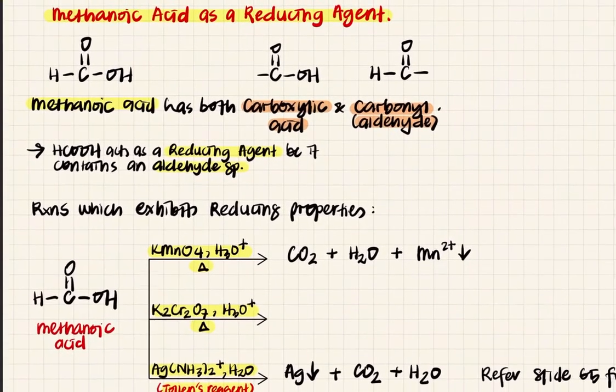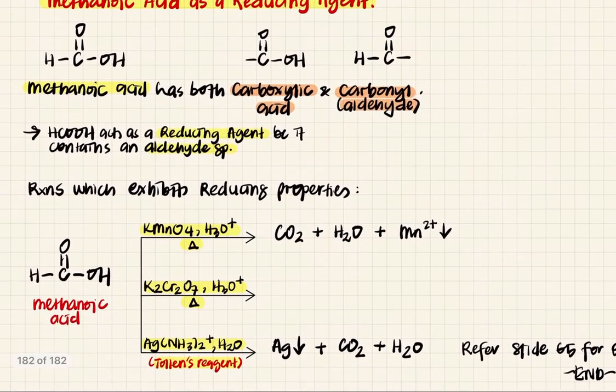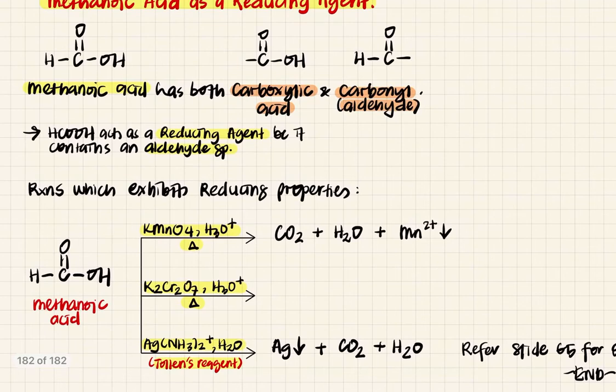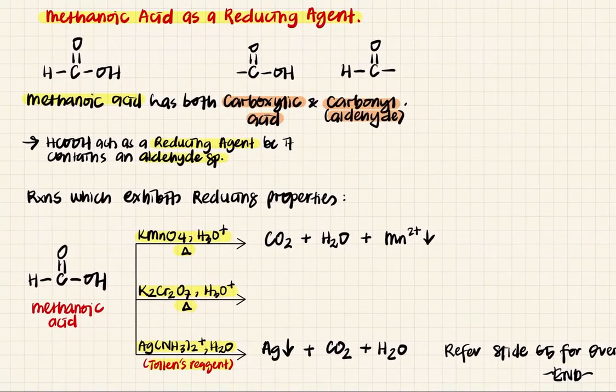Okay. Ini penting sebab I saw this question come out for PSPM like twice or thrice in past years. So it is the concept of methanoic acid acting as a reducing agent. Okay, so apa yang special pasal methanoic acid ni?